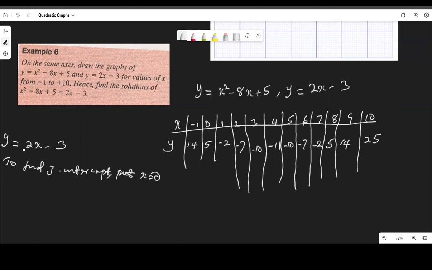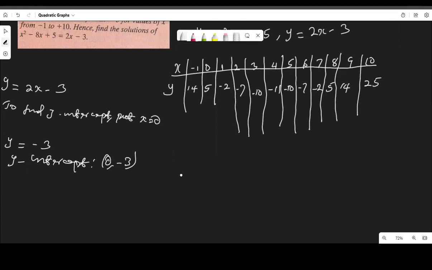If x is 0, the whole of this will be 0, so y will be -3. Hence the y-intercept is 0 for x, then -3 for y.